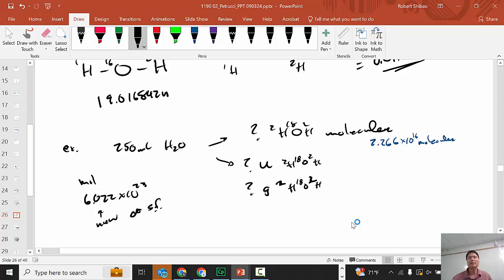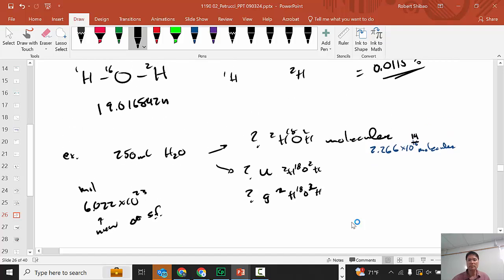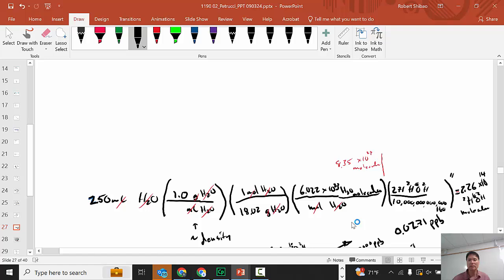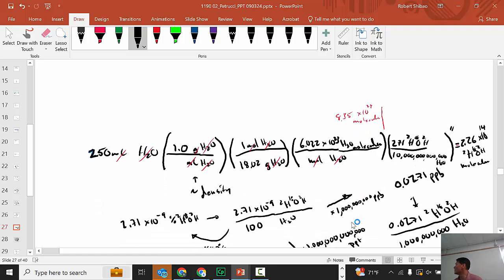So did somebody calculate the mass? That was the calculation earlier. What did I just calculate? 2.26. Yeah. I didn't carry the extra 6 because I'm just going to round this to 2 sig figs eventually.